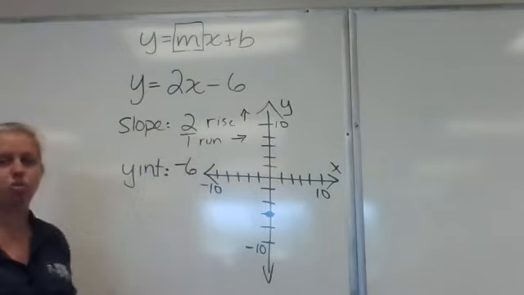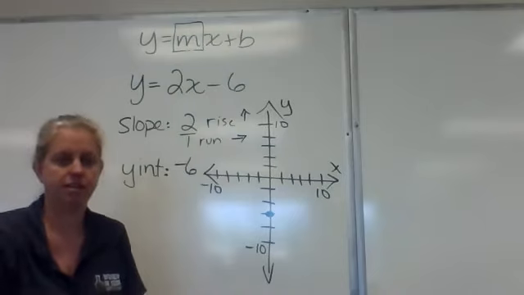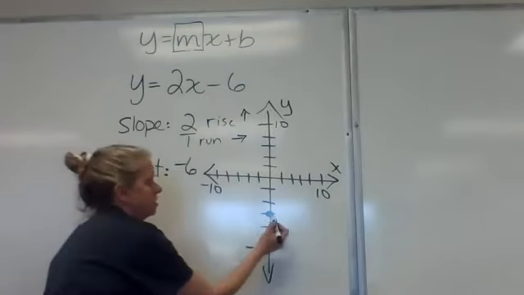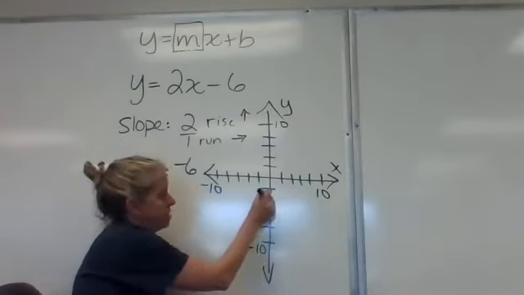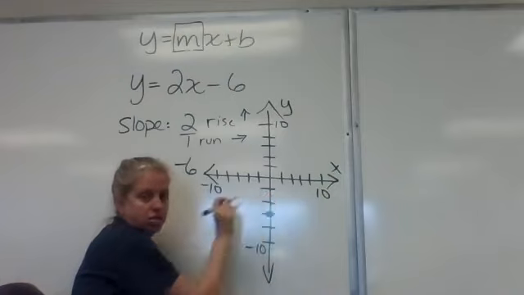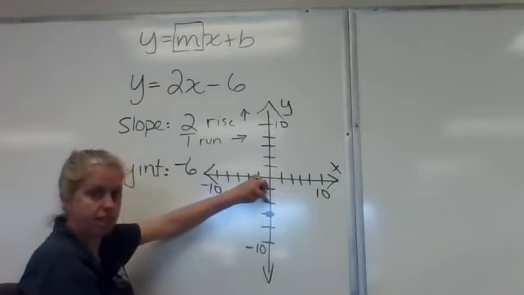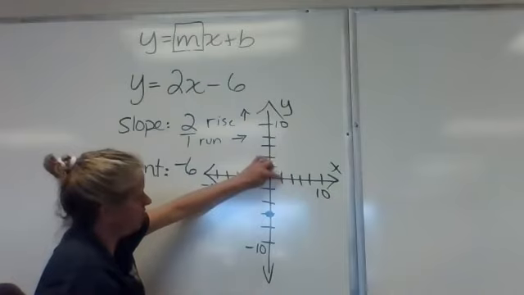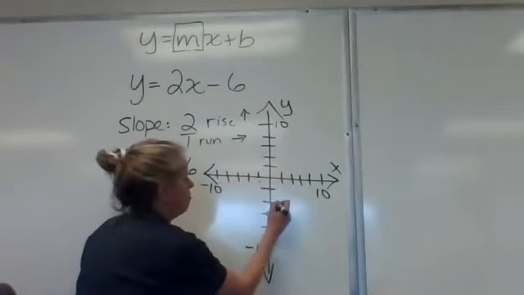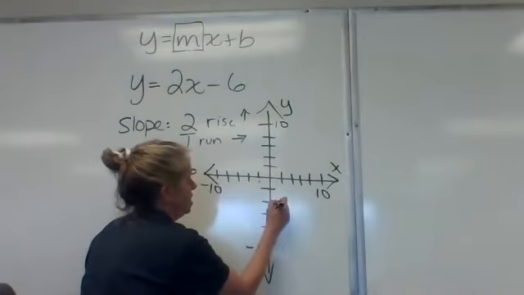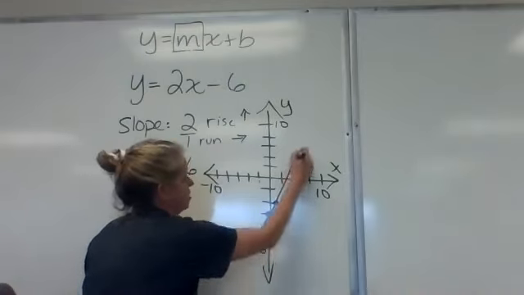My run is to the right 1. Starting from here, if I go up 2, remember every hash mark is a 2, so I'm just going back up to this next hash mark. Run 1. Now remember, this is 2 because their hash marks are 2. So if I run 1, I'm just running right into the middle of that. And then connect them.